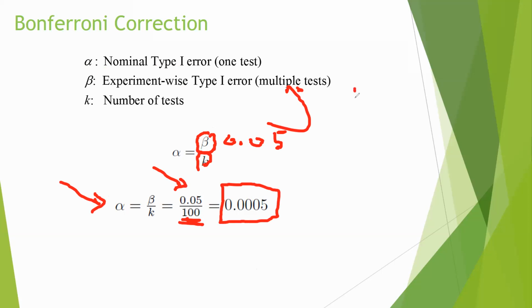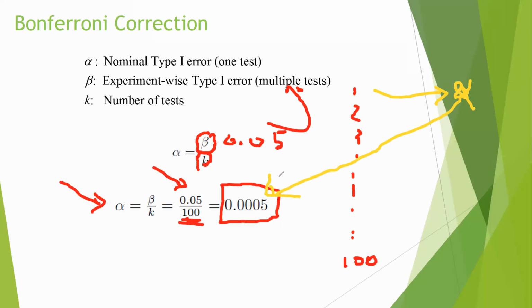Does that make sense? So for 1, 2, 3, and so on, up to 100 tests, we have to use alpha equal to this small value to achieve a family-wise or experiment-wise type 1 error of less than 0.05. Any questions here?